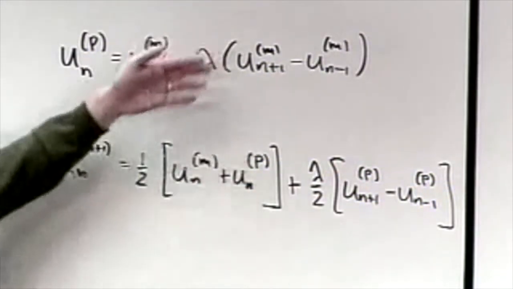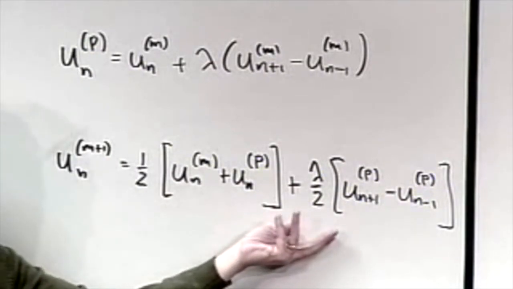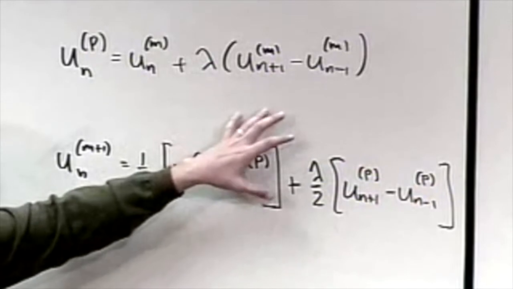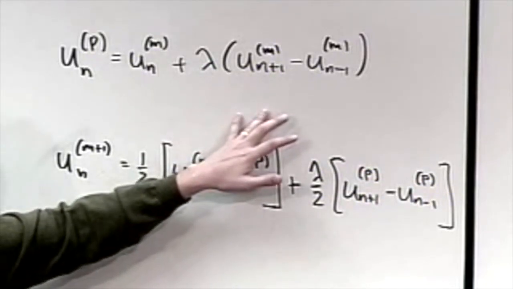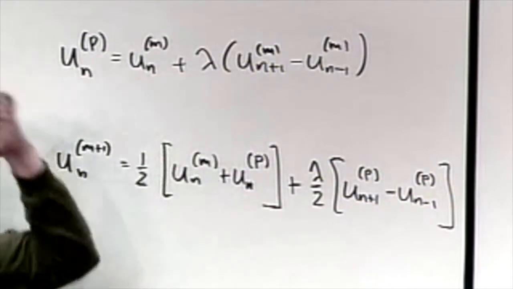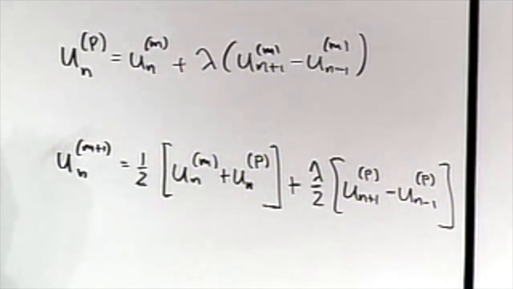So the idea is you're kind of using some implicit ideas with your standard iteration ideas. And the hope is that this gives you improved accuracy. And it typically does. These predictor-corrector methods tend to give you really nice stability properties at a very low cost.